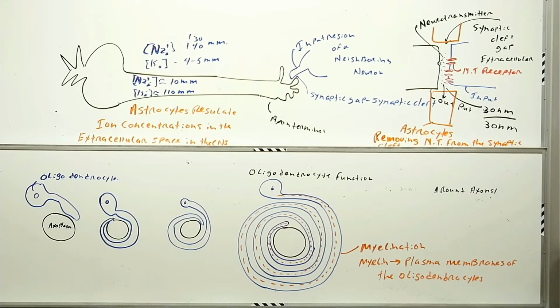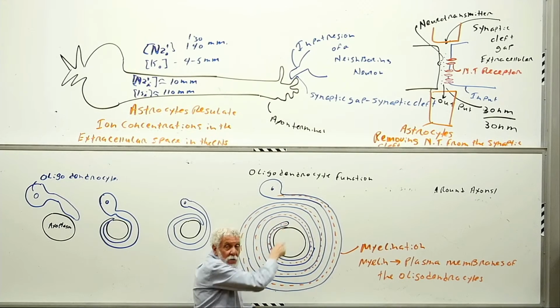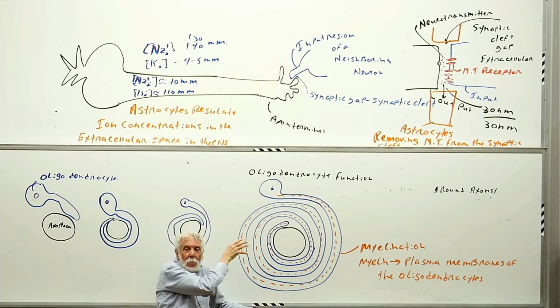Anything else? Yes? I need clarification on one more thing. So the oligodendrocyte wraps itself around the axoplasm, and then once it's completed, that's considered myelination, or something happens to the cytoplasm of the oligodendrocyte that becomes myelin. That's correct. Let me try to answer your question, and when I fail, let me know, and we'll try again. The leading edge goes round and round and round. And then at the end of it, I think your question is, how do we stop this?